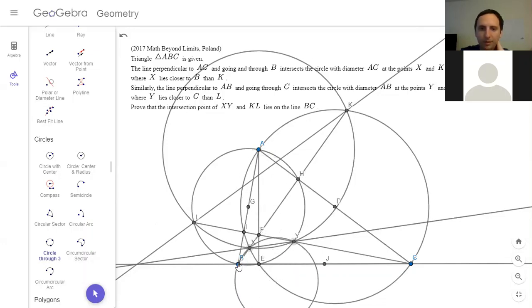I wish XYBC was cyclic, but it doesn't look like it's true. XY. Seems like E is the only point I could think of where we could use the radical axis theorem in a good way.